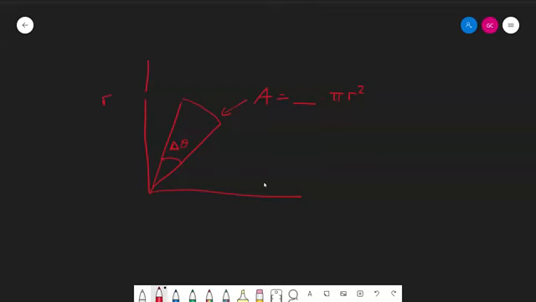Well, I have an angle of delta theta. If that angle were 2 pi, then I'd have an entire circle. So what matters is what fraction of 2 pi this thing is. So I look at delta theta over 2 pi. Well, the pi's end up canceling, and you just end up with 1/2 r squared times delta theta.